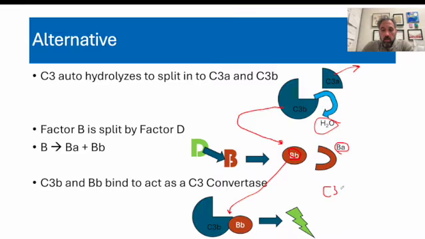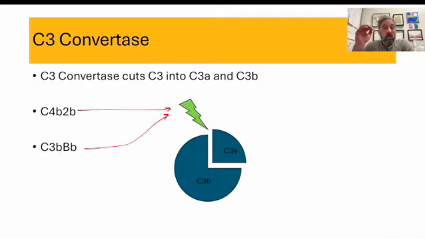C3B BB. Okay, the capitalization is important because this capital B comes from factor B. Factor B, subunit B. And this C3B BB acts as a C3 convertase. Our C3 convertase is going to be one of two different types.